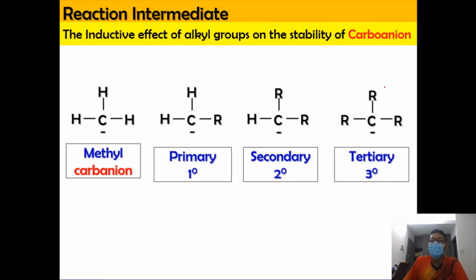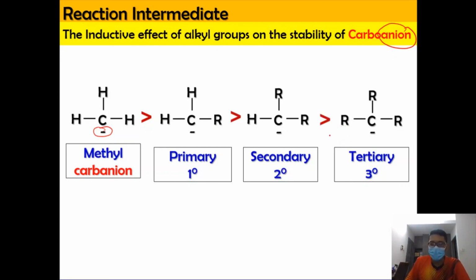Now, we're going to look into the carbanion, which is a negative charge on the carbon atom. Okay, so now it is going to be the reverse. So the methyl carbanion is much more stable than primary, and it is much more stable than secondary and tertiary.